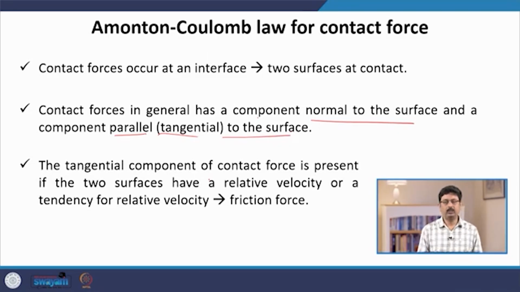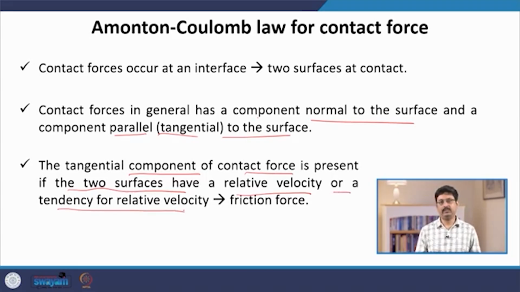And this is what we know from experience, that this tangential component of the contact force is present if the two surfaces have a relative velocity, if they are trying to move past each other, which will cause the deformation in the contact area, or a tendency for relative velocity.